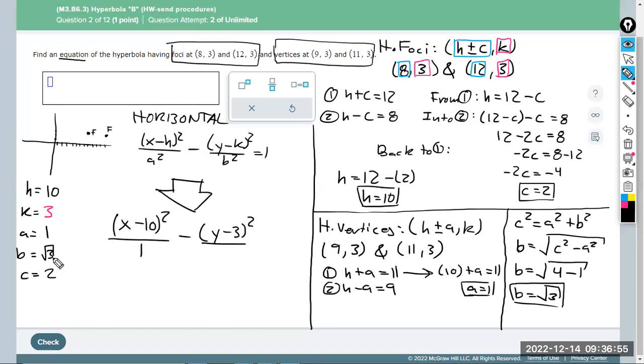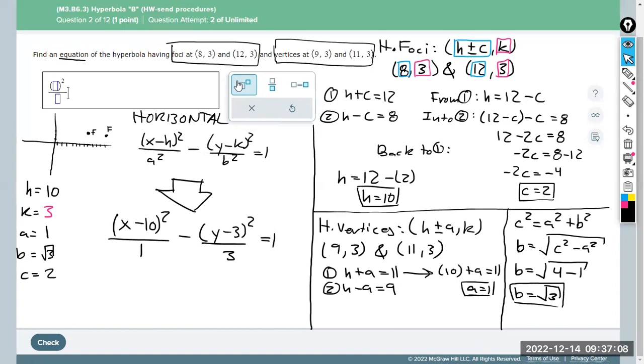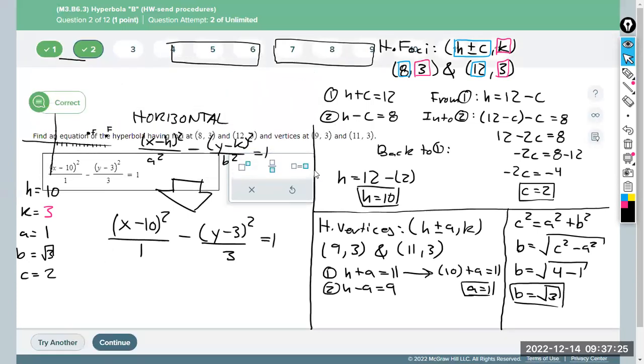The square root of 3 squared is only 3, so this is the answer. Okay, here it goes. I'm saving space for everybody. First, so x minus 10 squared divided by 1 minus y minus 3 squared divided by 3 equals 1. Okay, that is the answer. Check. Thank you.